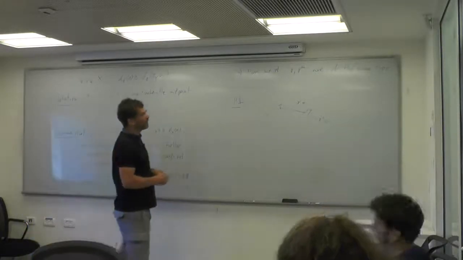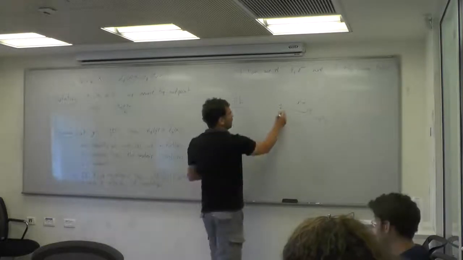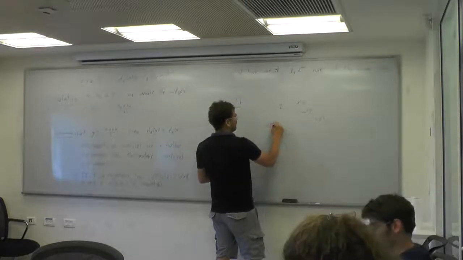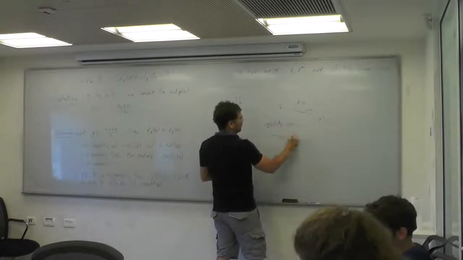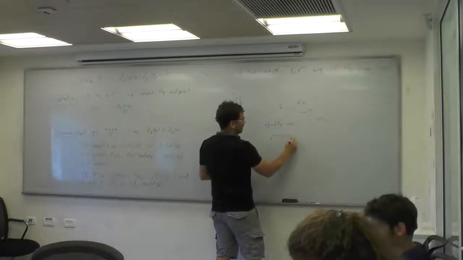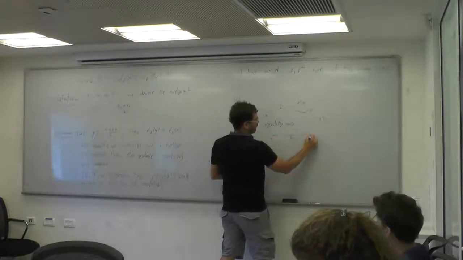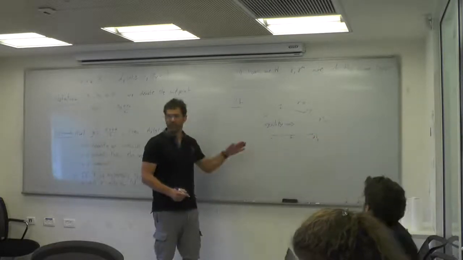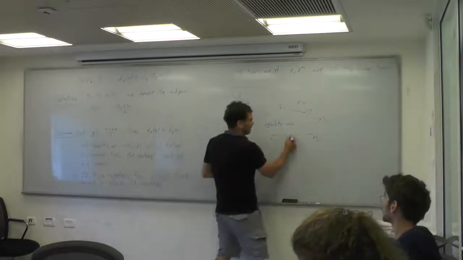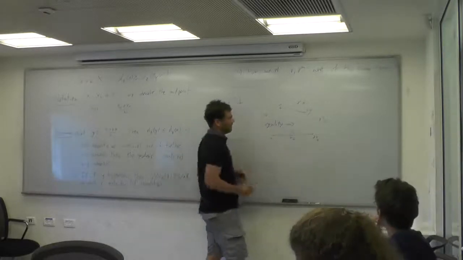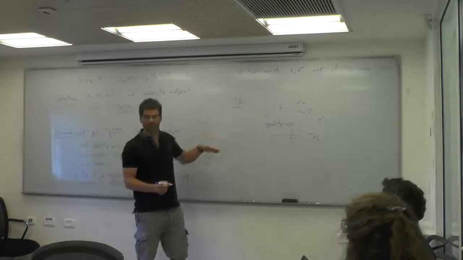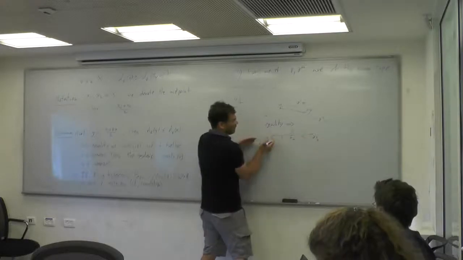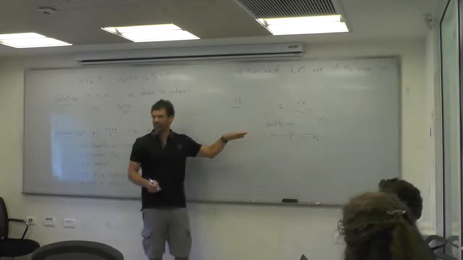Except when there is equality. Equality implies that we have the following picture: x, gamma x, and the angle here is exactly pi. The equality between the distances implies that it's a continuation of the same line.